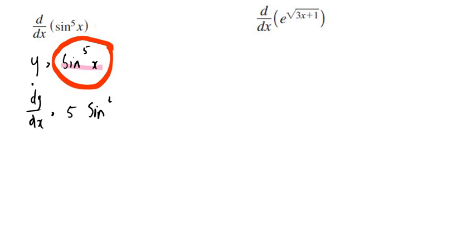So dy over dx is equal to, differentiate the parent function, 5 sine, keep the baby function the same, and then multiply it by the differentiation of the baby function. So the differentiation of the baby function is cos x.